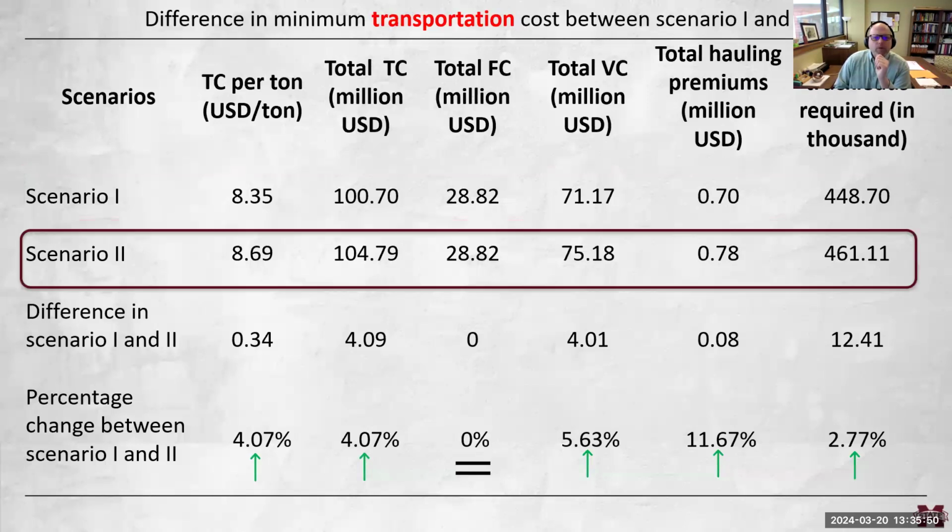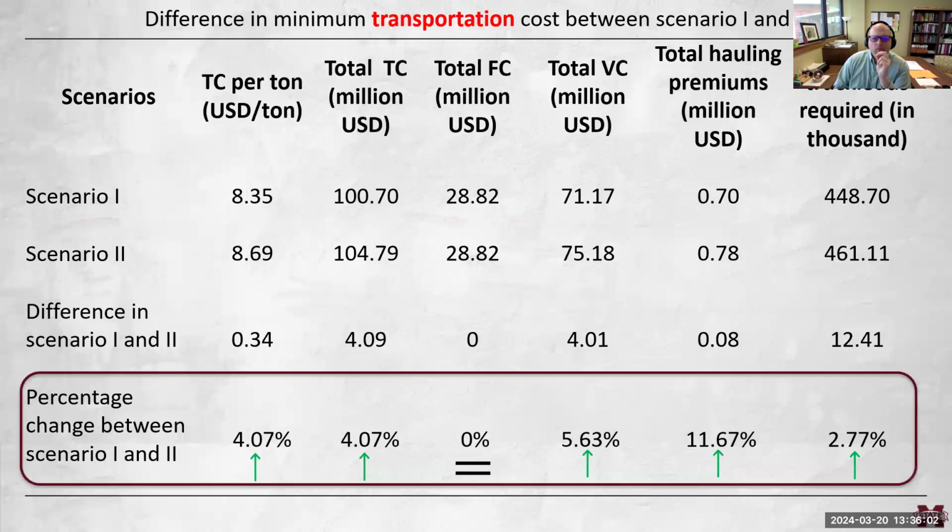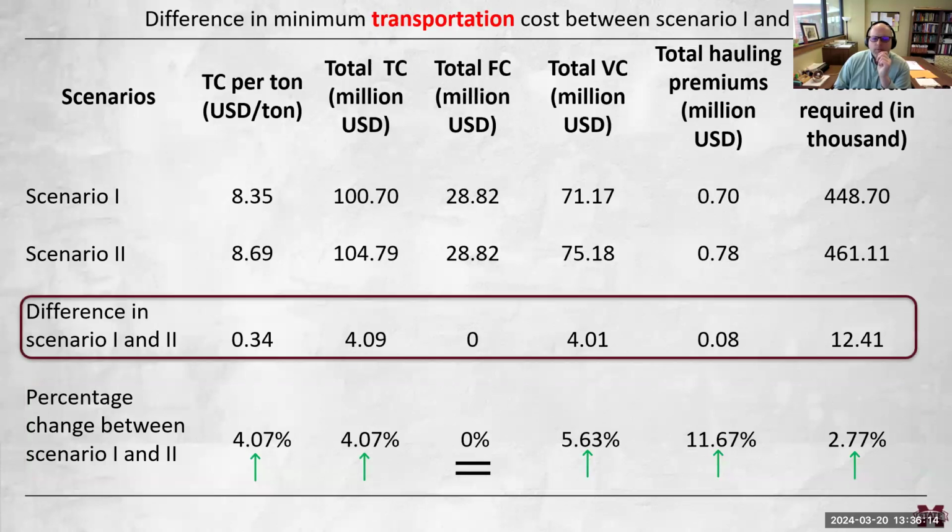And so if we go to scenario 2, we can see a noticeable increase in the transportation cost. Certainly, in terms of percentage changes, looking at the increase in total variable costs, we're at about 5.63 there. The hauling premiums, although small in number relative to the other two, the percentage increase was quite profound, right?